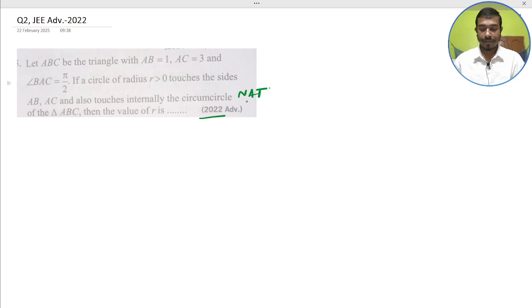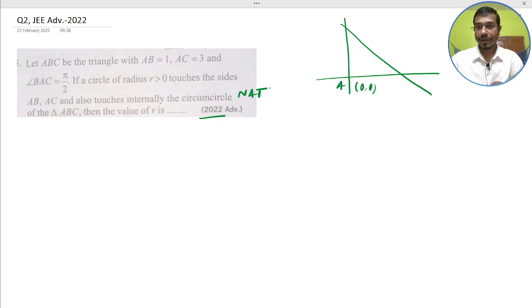Okay. First, you should draw the diagram by the equation. This is the beauty of the geometry. Here, this is A (0, 0), obviously the x and y axes. This is B and that is C. Solve this line, you will get the point. And this is the midpoint, half, 3 by 2.